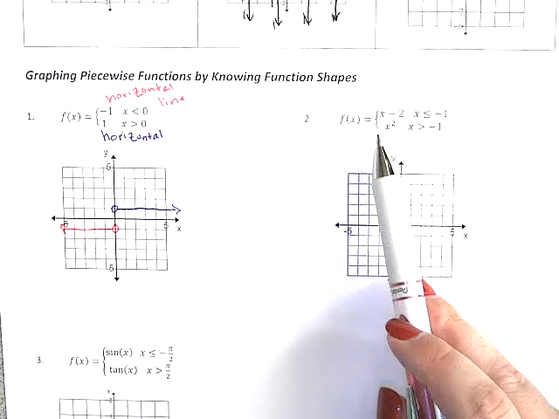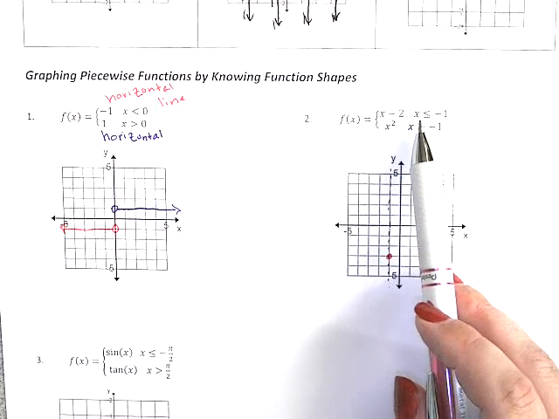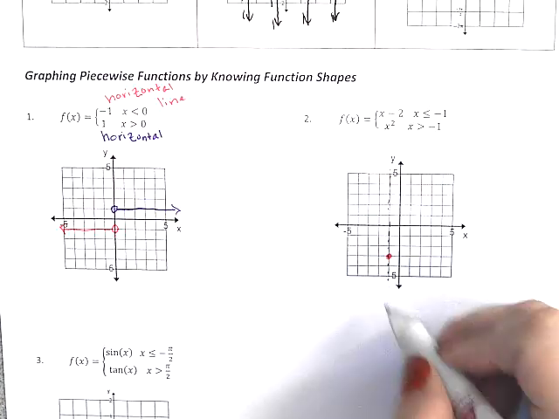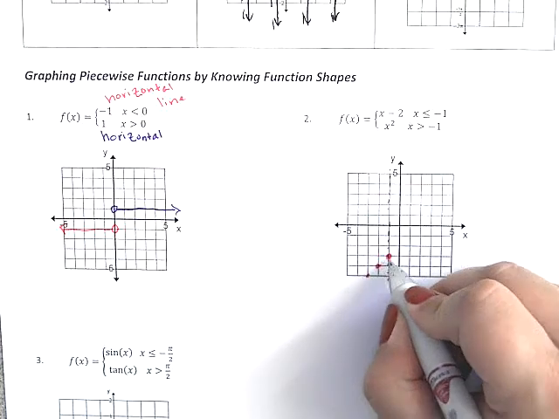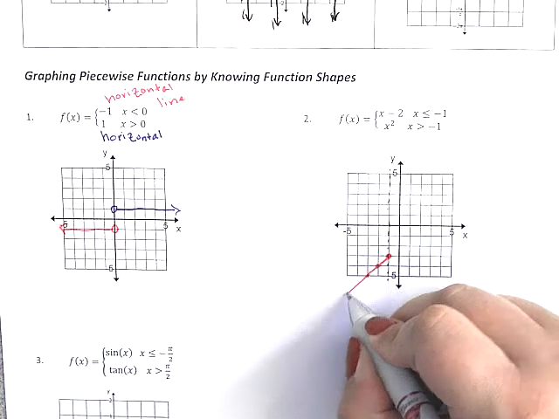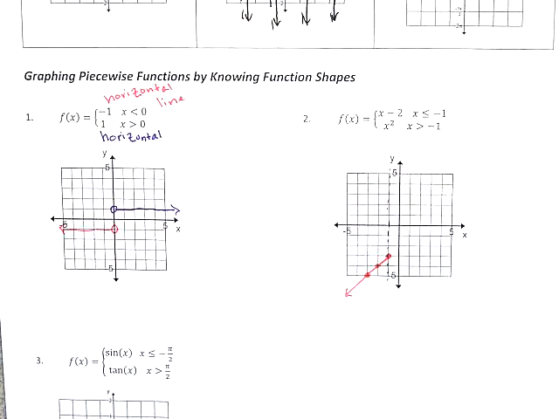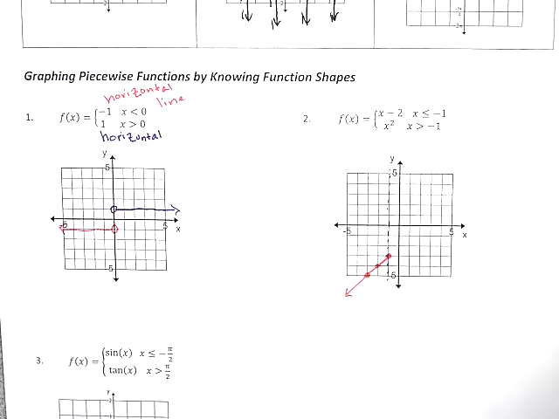And we know that this is a line with a slope of 1, and we want the values that are less than or equal to negative 1. So I want values on this side. To make it a slope of positive 1, it had to have gone there and there, and it is going to extend to the left. All right, don't get thrown off because it's a positive 1 slope. Don't go to the positive side.